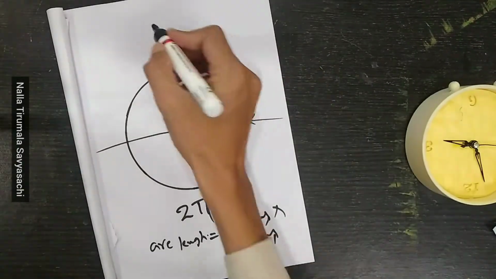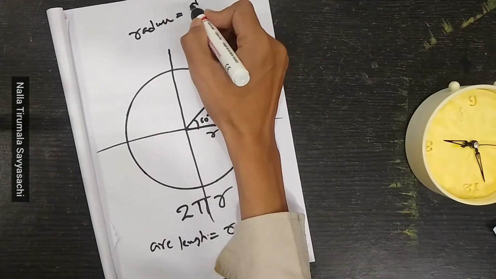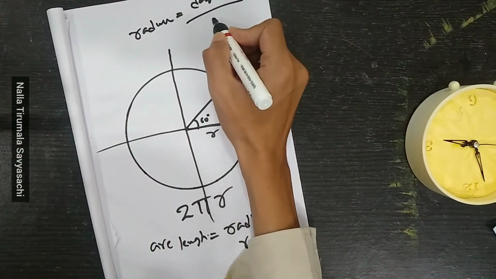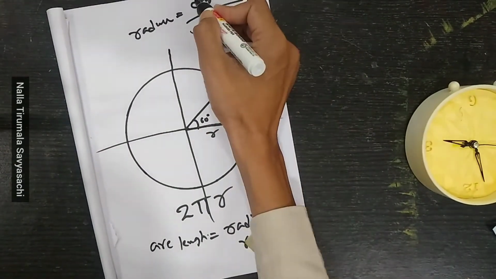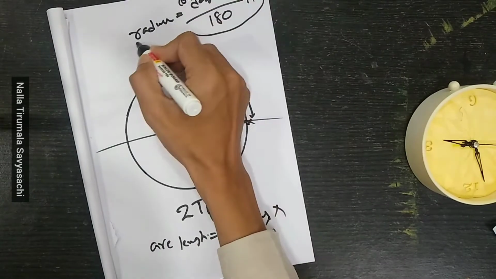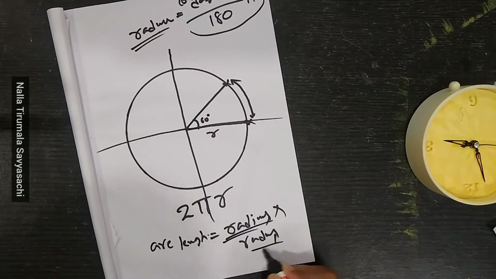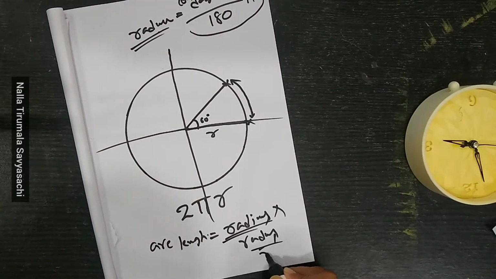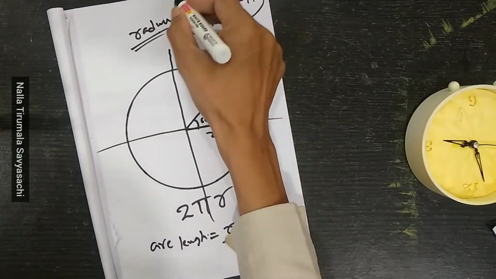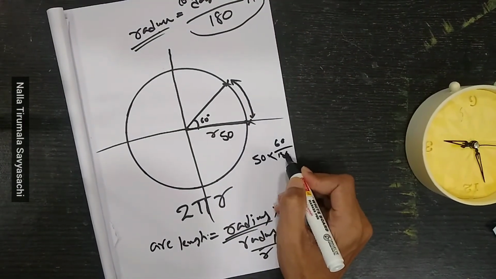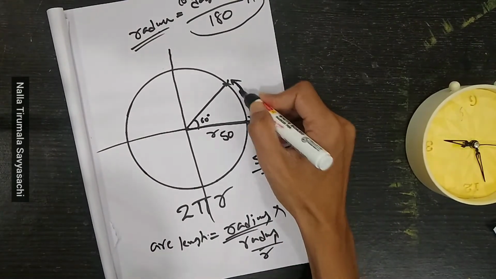The radians equals the degrees divided by 180 multiplied by pi. So if we place 60 here, we get the radians, and once we know the radians, we know the radius. For example, if the radius is 50, multiplied by 60 divided by 180 pi, this will be our arc length.